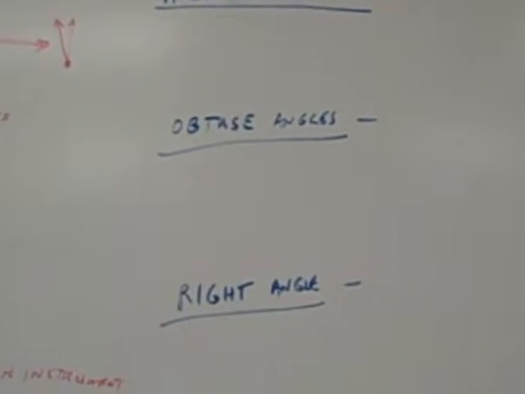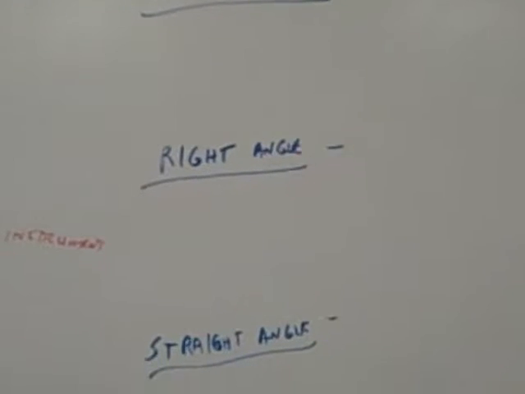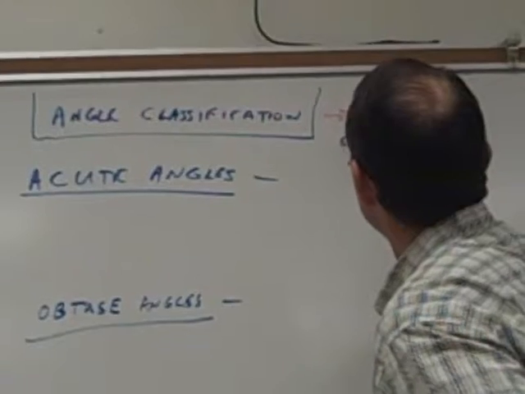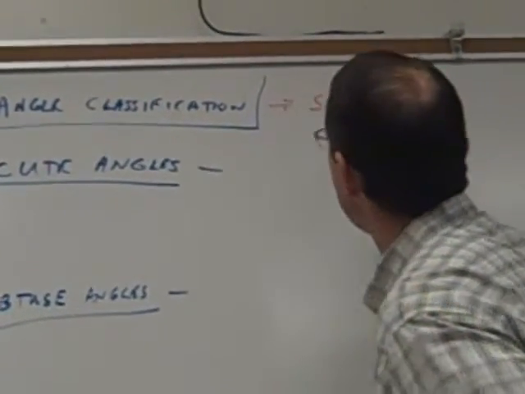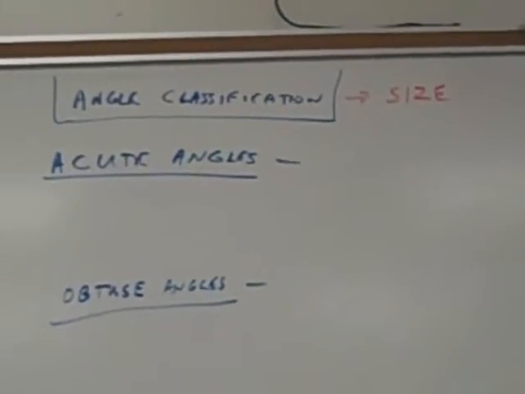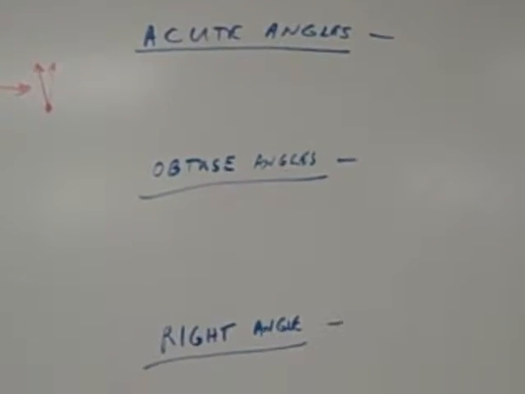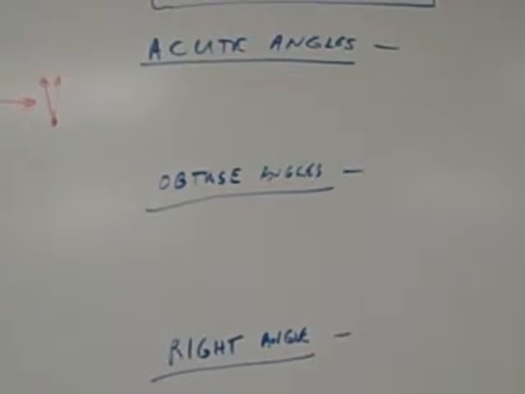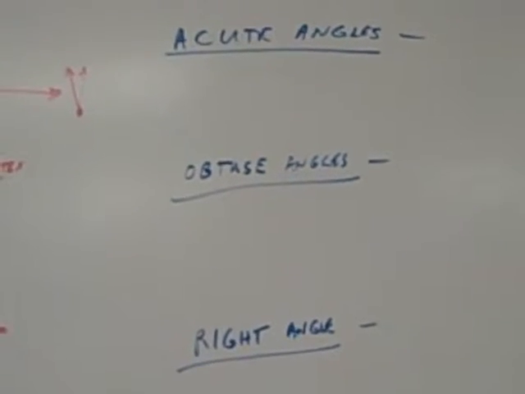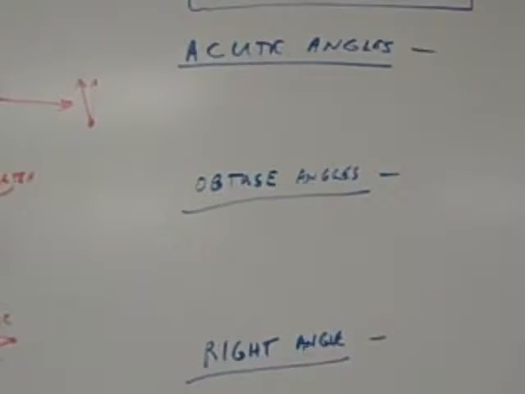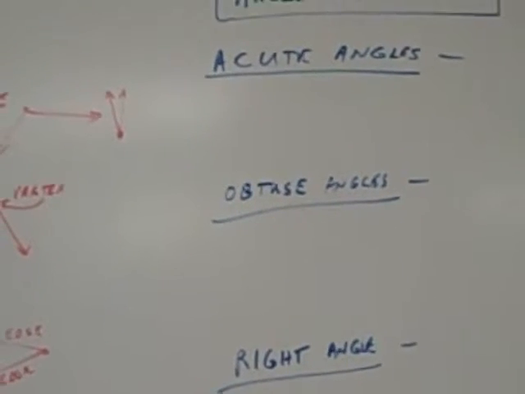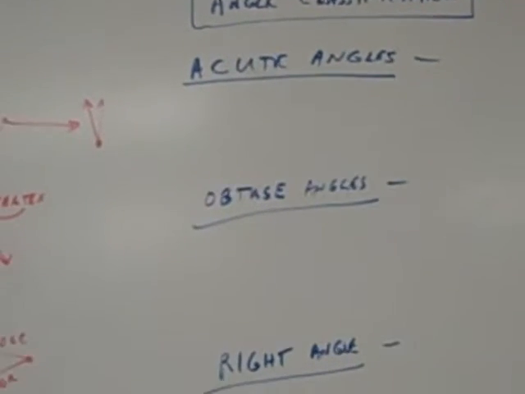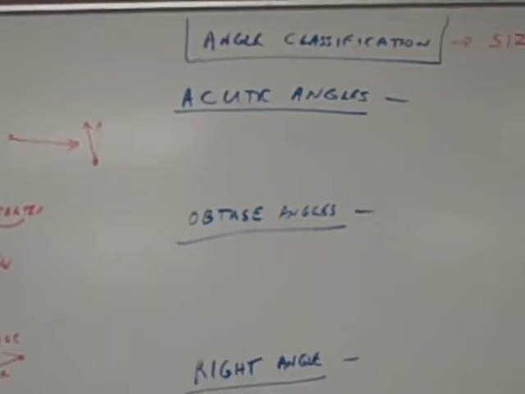No, no, no. We're classifying them because these classifications talk about the angle's size in measurement. When we name angles, we're actually going to give them a name depending on some points that are on there, like angle X, Y, and Z, or angle B, or angle D, etc. Those are coming later. Let's classify by size.